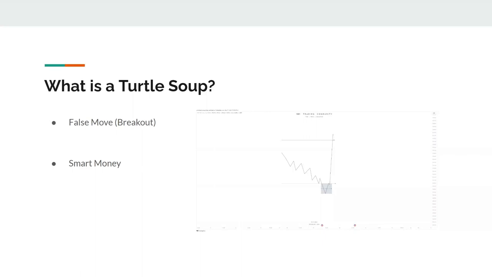But in order to understand turtle soups and create low risk entries and follow these institutions with their trades, we're going to have to understand the anatomy of price. What do I mean by that? We're going to have to learn how to read candles specifically.